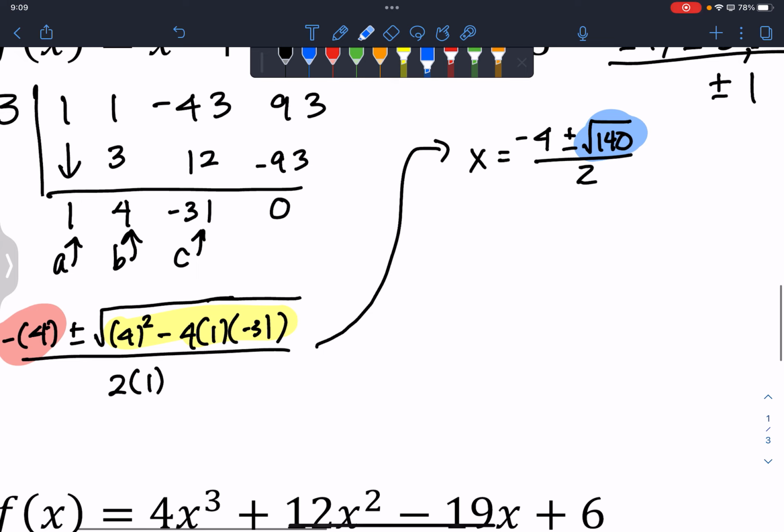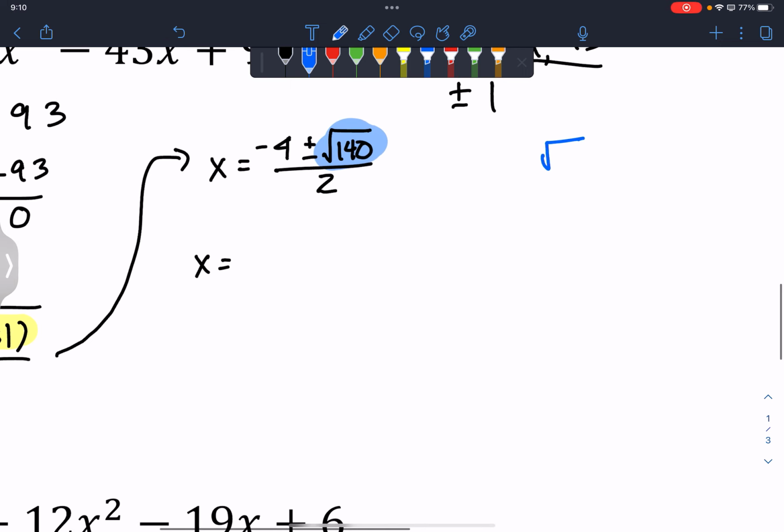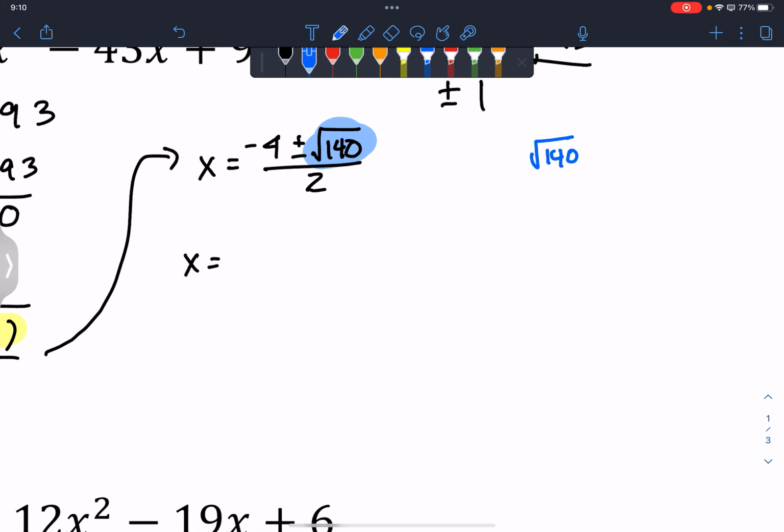Well, we can break out the square root of 140 by using the square root of 4 times the square root of 35. And since the square root of 4 is 2, we end up with 2 times the square root of 35.